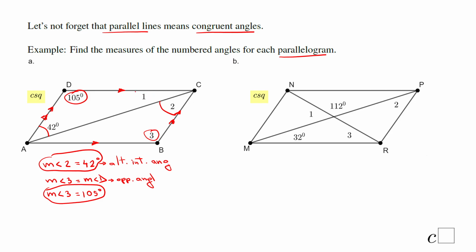So for that reason, we can use triangle ADC. In triangle ADC, we know one angle is 42 degrees, this one, and the other angle is 105. So we're gonna add these two angles, 42 and 105.